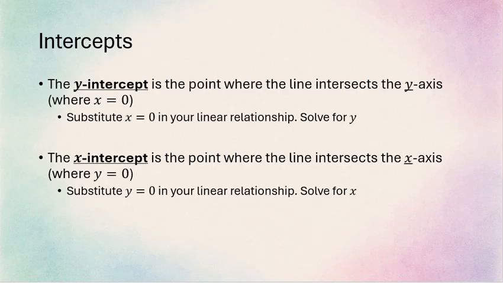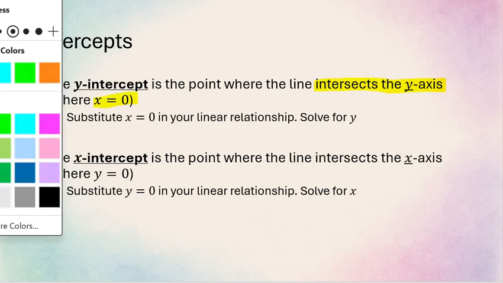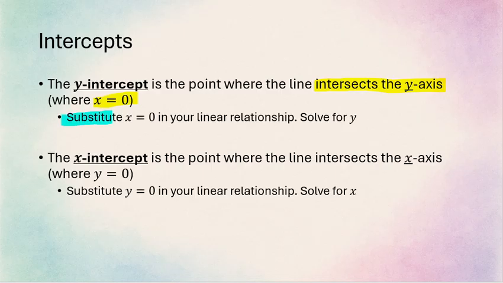The y-intercept is the point where the line intersects the y-axis. So this is when x is equal to 0. What you're going to do is substitute x equals 0 in my equation, then solve for y.